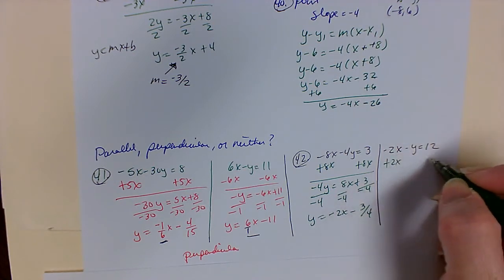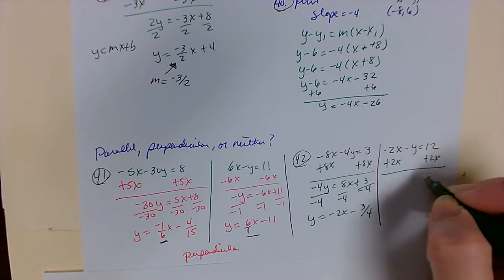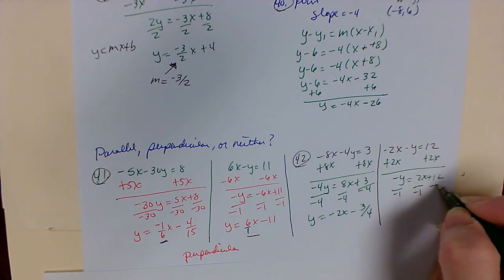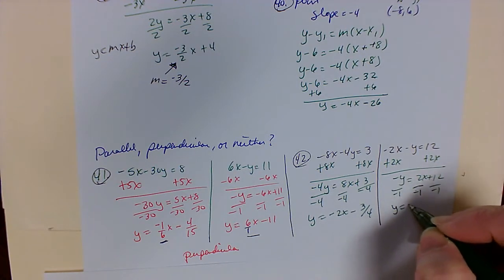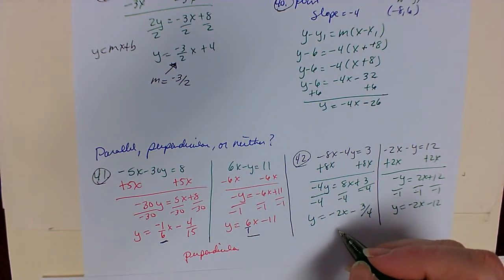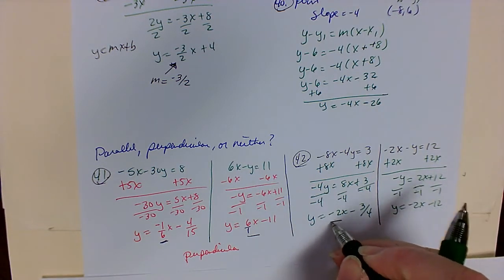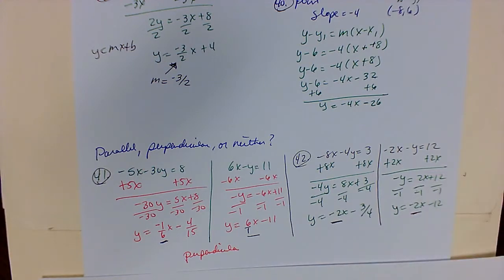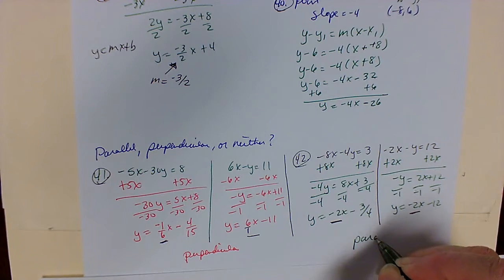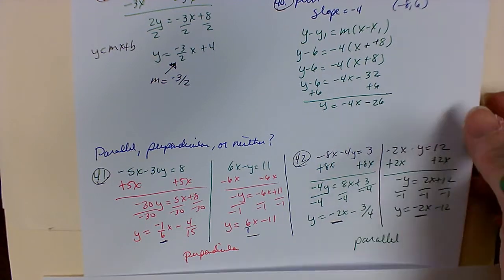And over here, we're going to get 2x added over. And we get negative y is equal to 2x plus 12. Divide by negative 1 on each term. And we get y is equal to negative 2x minus 12. So here, our m is negative 2, and here our m is negative 2. So this is parallel because they have the exact same slope.